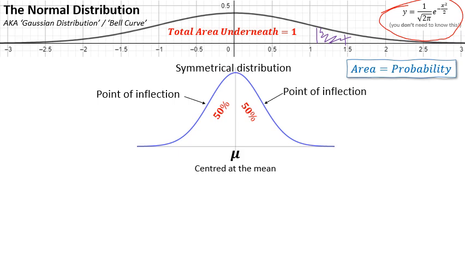The mean is the center of this distribution. For a perfectly symmetrical distribution, the mean and the median are the same place, but the key statistic that we use when we're dealing with the normal distribution is the mean itself. We give it the value mu, and it sits right in the middle here. Not only that, but we can identify those points of inflection that we talked about by using the standard deviation.